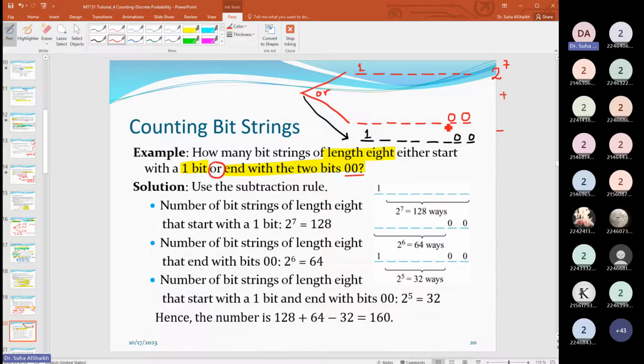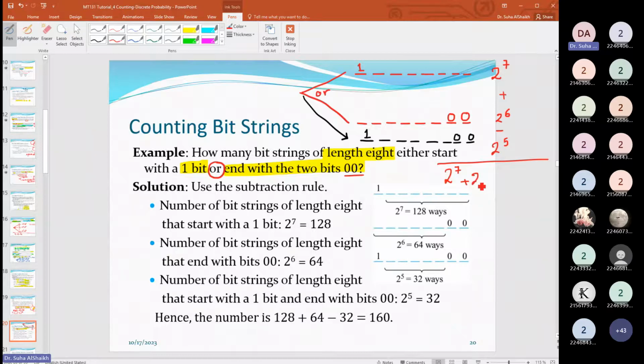Two of the eight are reserved, so what remains? 2 to the power 6. And the case when they both happen at the same time: the first bit is reserved and the zero zero is reserved, so 3 places are reserved. I'm talking about 2 to the power 5. Excellent. So overall this is 2^7 plus 2^6 minus 2^5.